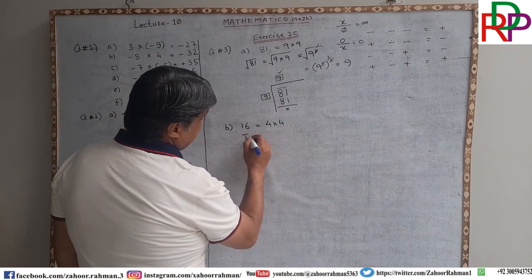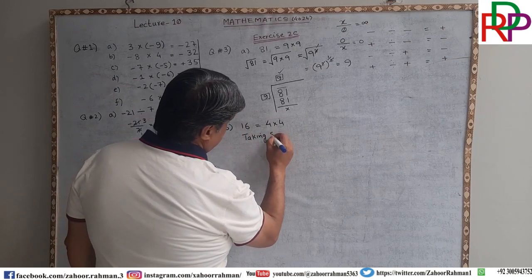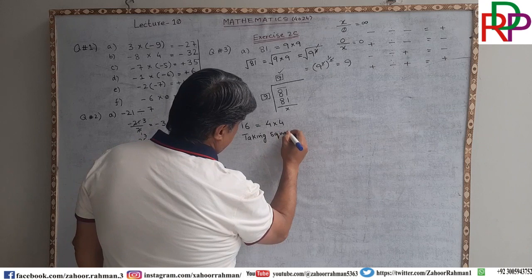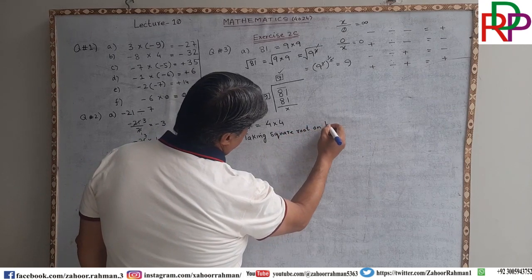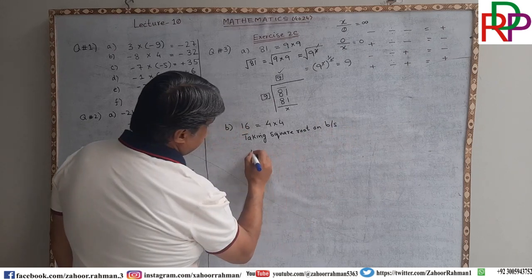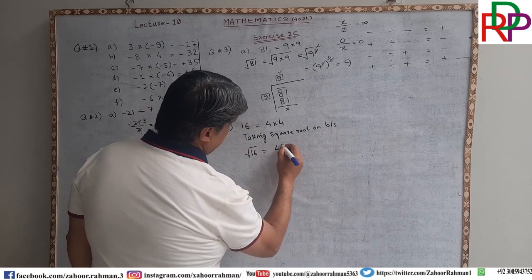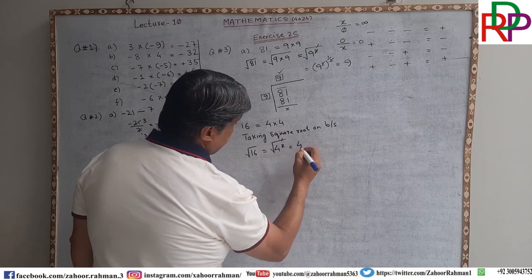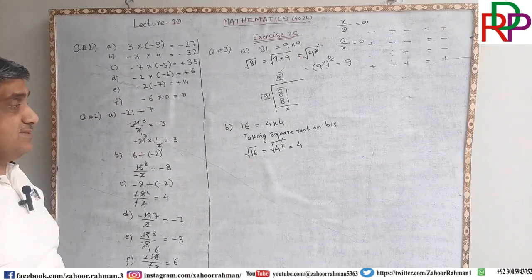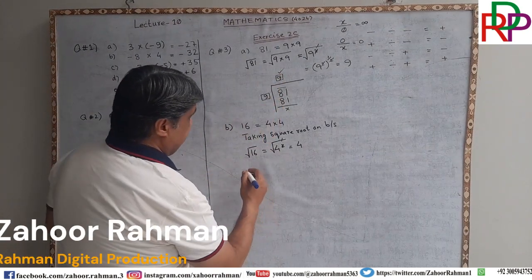So taking square root on both sides, 16 under the root and 4 square under the root. Now this will be cancelled, so 4 will be the answer. Again, you can do that by that method as well.